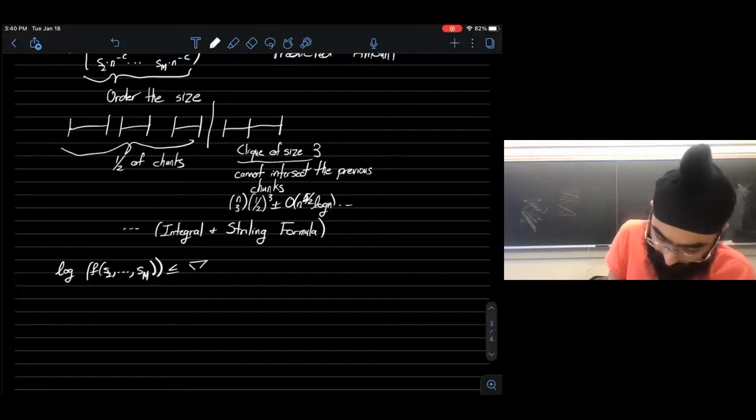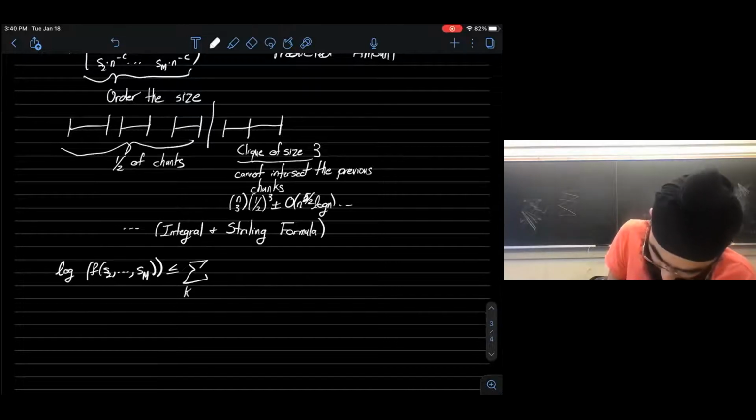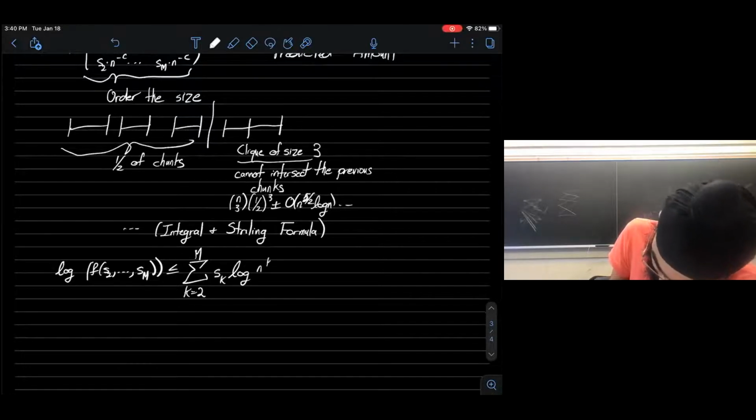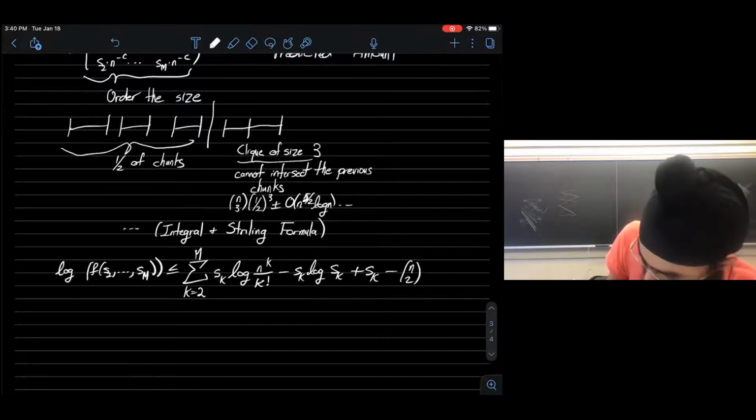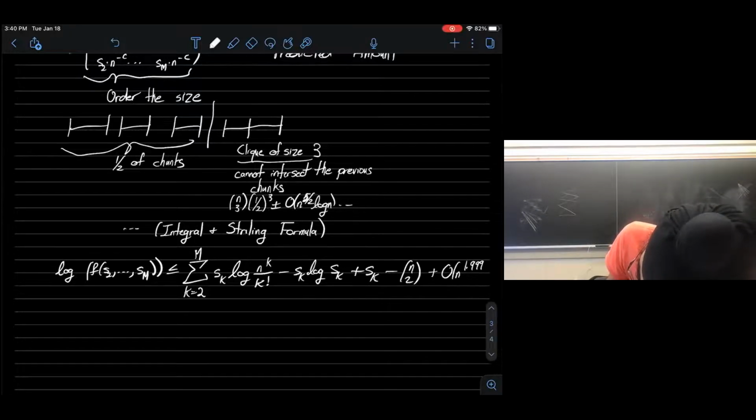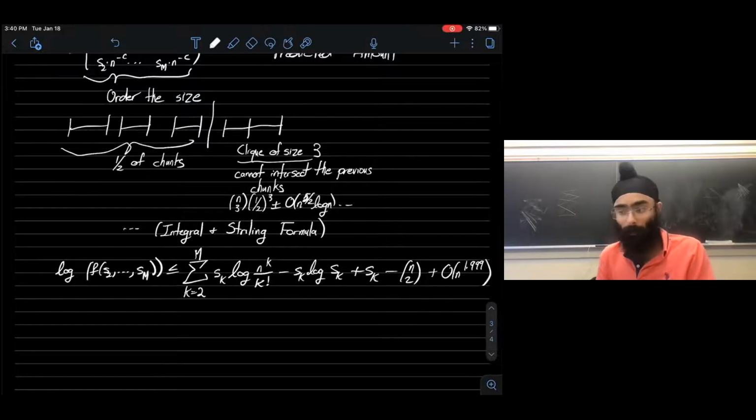In particular, it's at most the following sum: Sk, which is what it was earlier, times log of n to the k over k factorial, minus Sk log Sk plus Sk, minus n choose 2, plus some error term. So you get some upper bound.